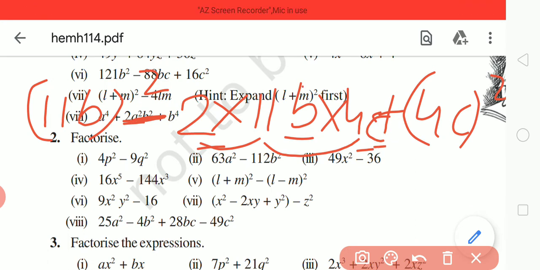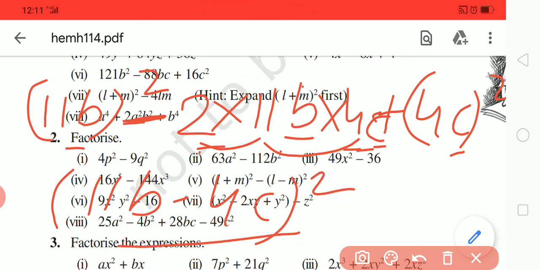It is the same as 88bc. So yes, you can compare it to the identity a square minus 2ab plus b square, that is a minus b whole square. So 11b minus 4c whole square you can write here. So this is the solution of the sixth part.